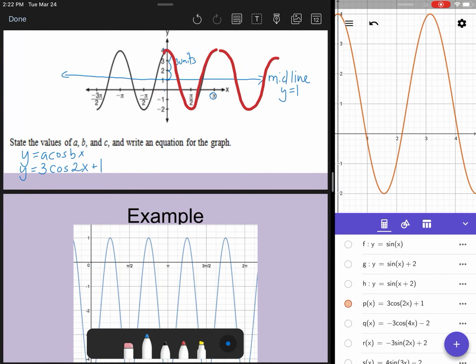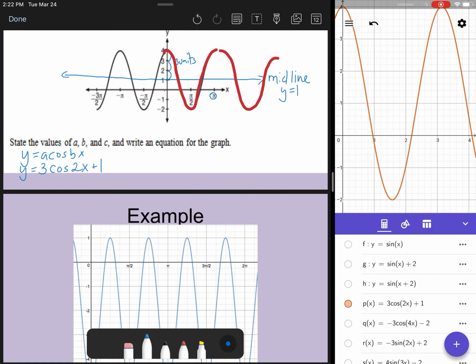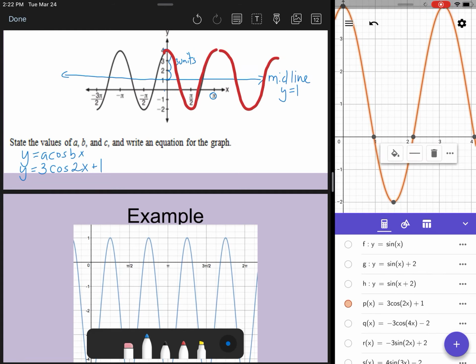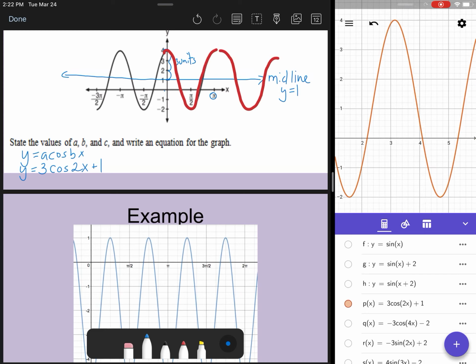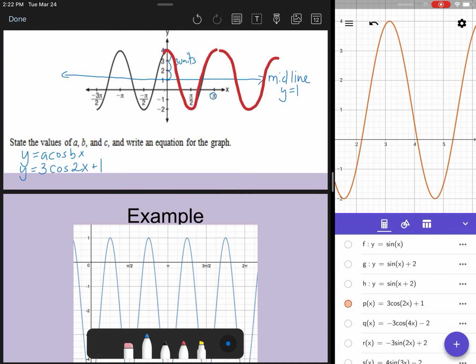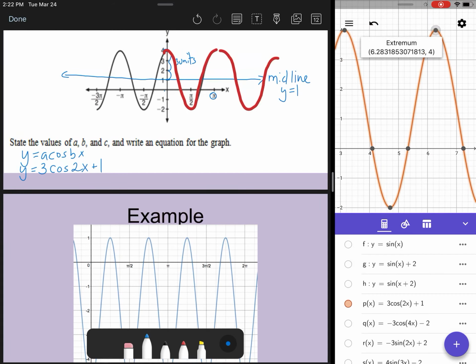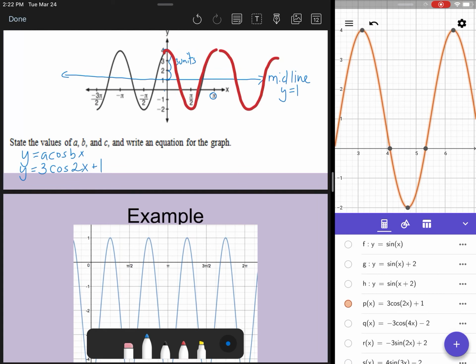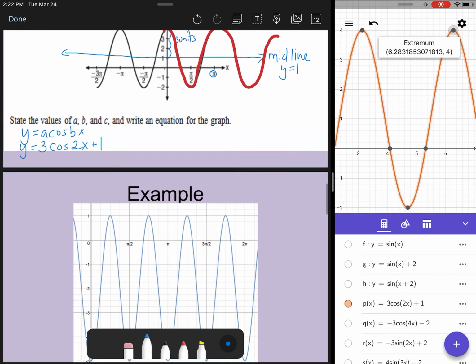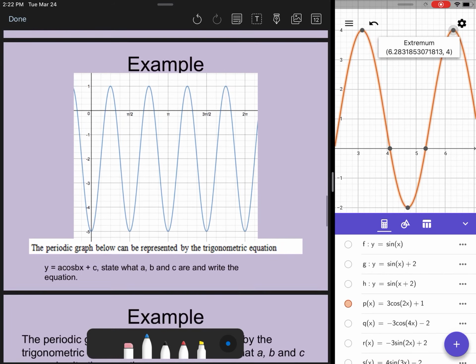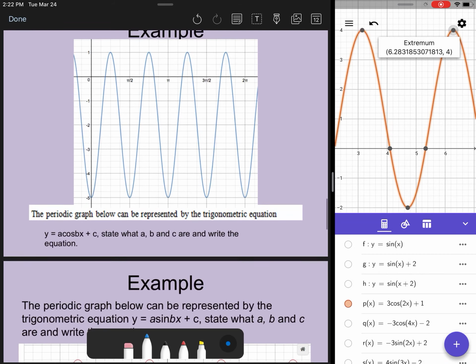And I should have 2 full cosine curves once I get to 2 pi. And again, remember that 2 pi, if I take 3.14 and multiply it by 2, is going to give me a little bit over 6, which would stop right up there. That's 2 pi, 6.28 and a little bit.